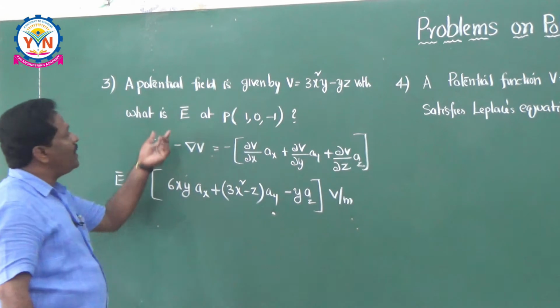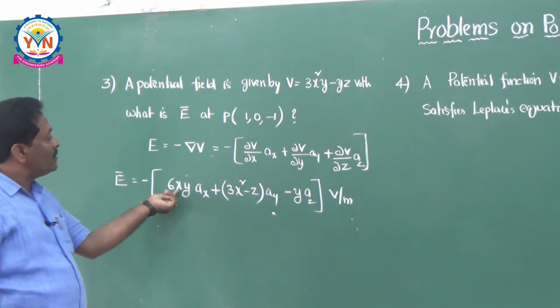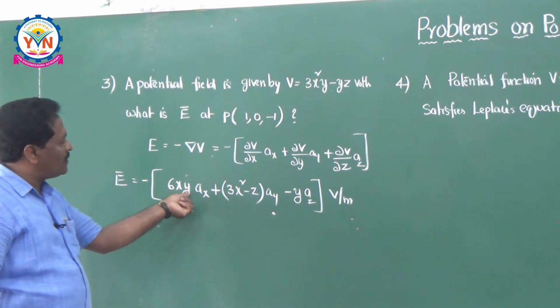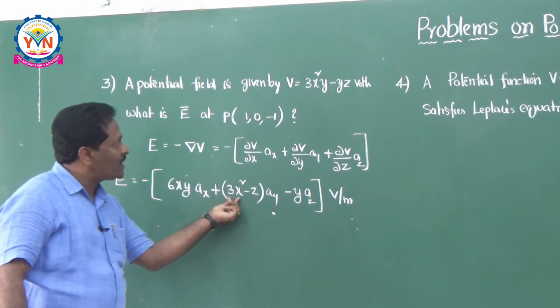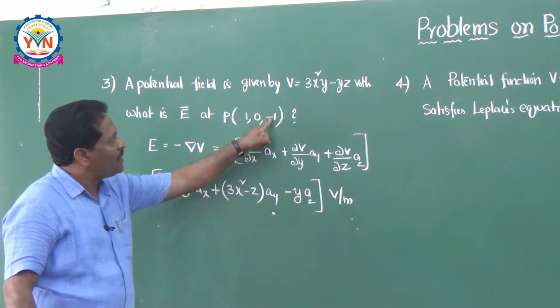Now, the point given here is P (1, 0, -1). So, if you substitute here, this term becomes 0 because y is 0 here. And this is equal to 3x square, 3 into 1, z is already minus 1.